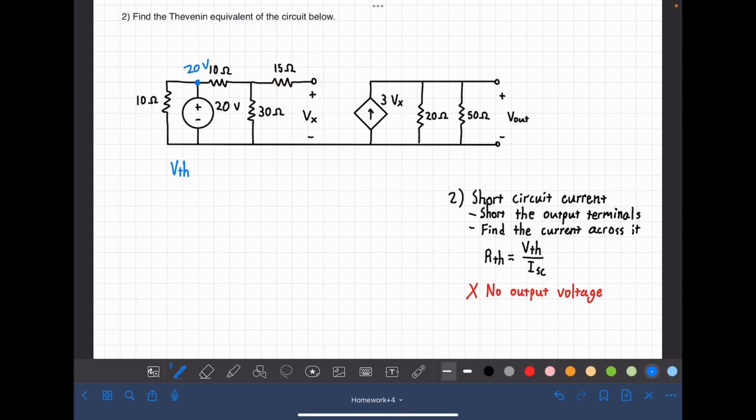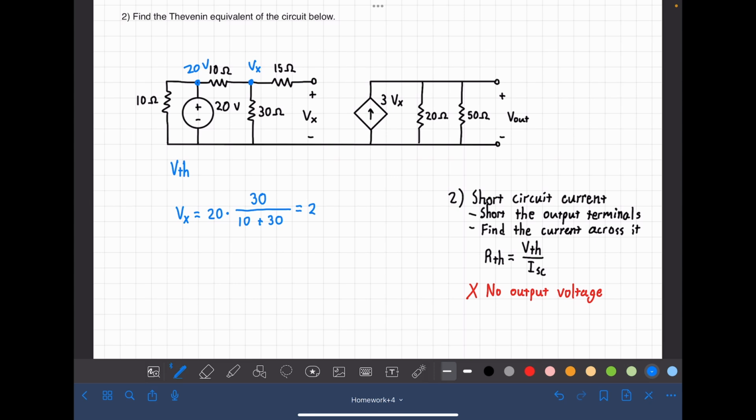We'll label it Vx right here. Vx is equal to 20 times the resistance of the resistor we want to measure, that is 30 ohms, divided by the total resistance of the series. So that is 10 plus 30.